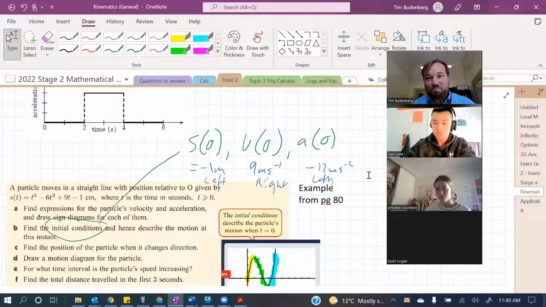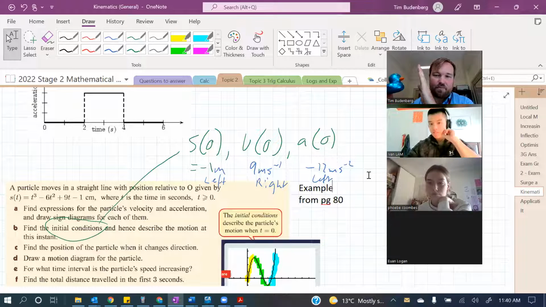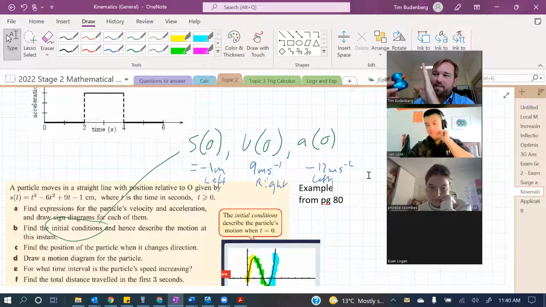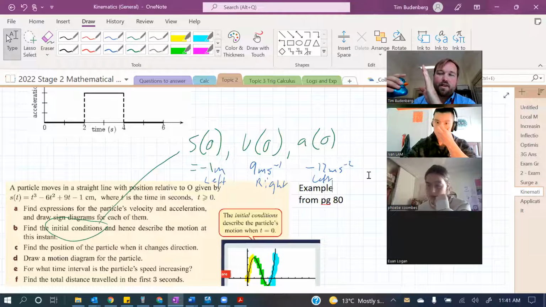All right, so we've got Ducky. If here's the origin of my hand, and that's right for you guys, isn't it? Yeah, cool. Ducky starts 1 meter to the left of the origin. And when he starts moving, he's moving at a speed of 9 meters per second this way. His acceleration though is negative.